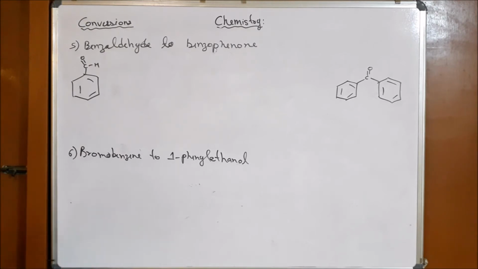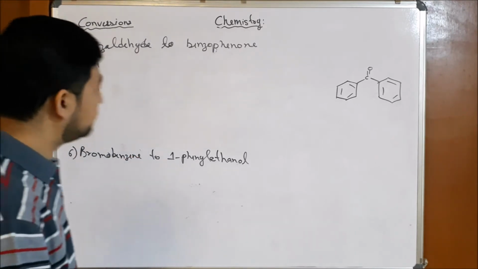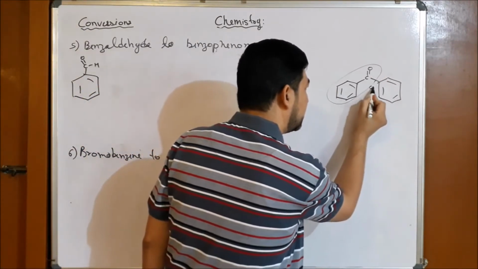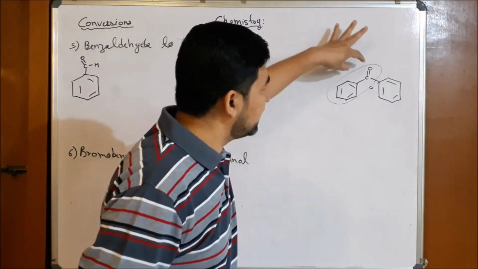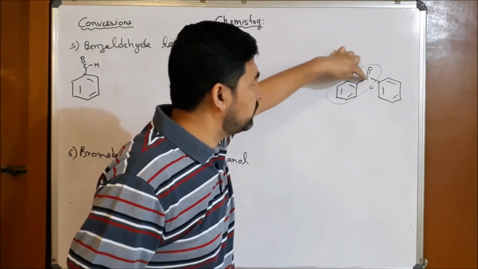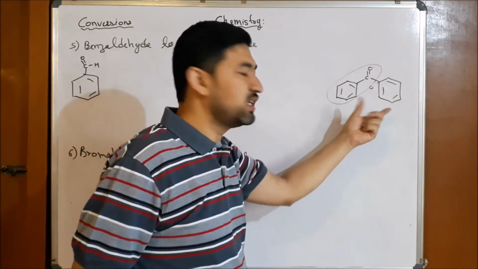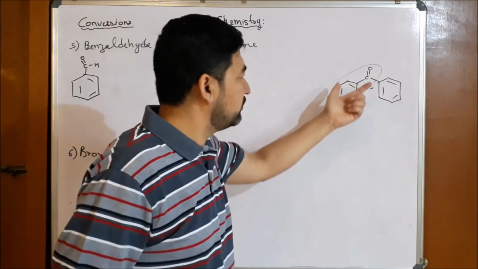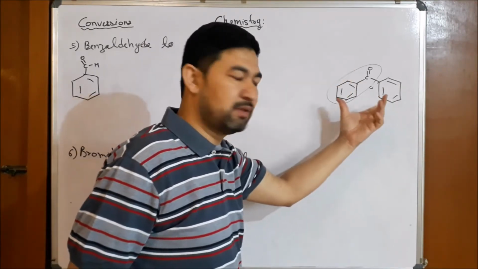How can we achieve this? See, if you put Cl here, it's an acid chloride, benzene C double bond O Cl, then another benzene ring. That means we are doing the Friedel-Crafts reaction in the second part. So we have benzene with C double bond O Cl and a benzene ring. If you do the Friedel-Crafts reaction, we are supposed to get this product.